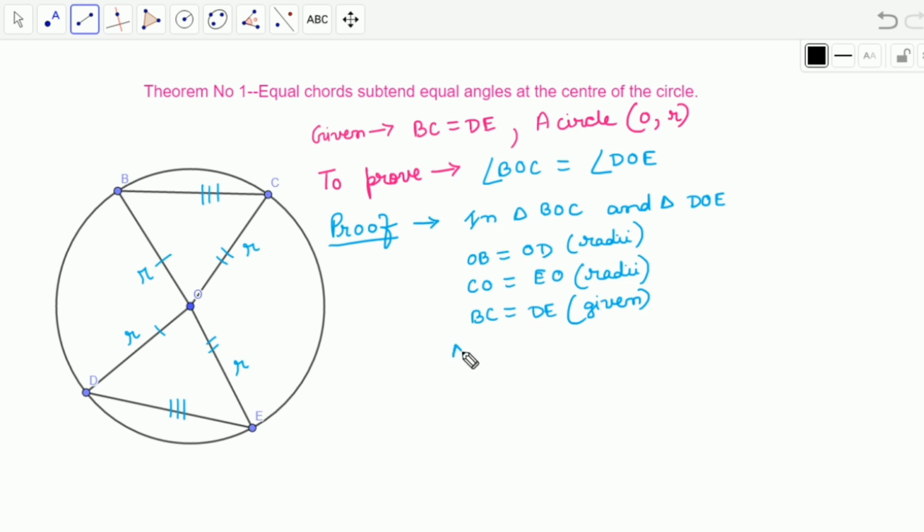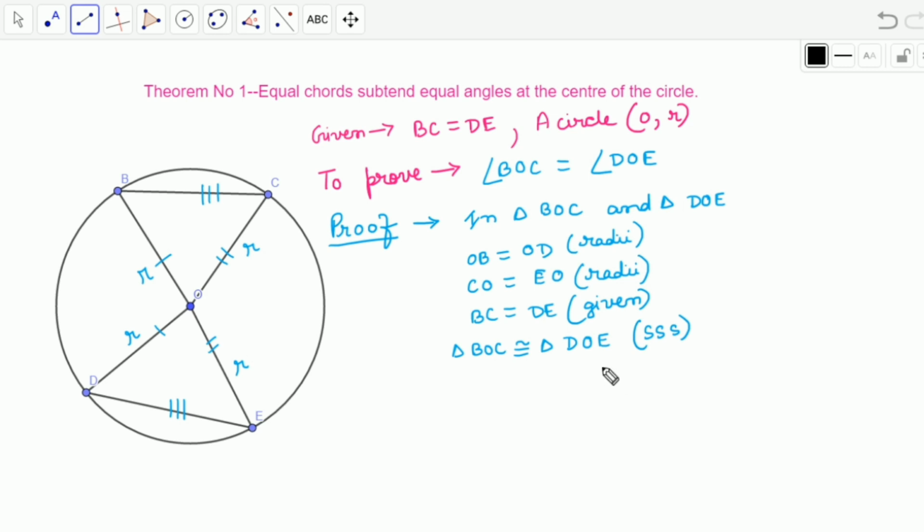So obviously the two triangles, triangle BOC is congruent to triangle DOE, because BO was equal to OD, by SSS congruency.